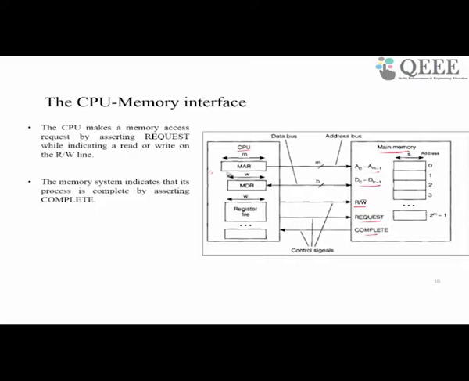The data, if it is to be written, will be placed in the memory data register beforehand, before the write cycle. If it is a read cycle, then the data fetched from the memory will be latched into this MDR. So the memory data register, MDR, acts as the interface for all the data that comes out of the processor or goes inside the processor.